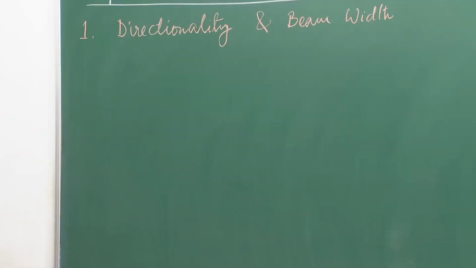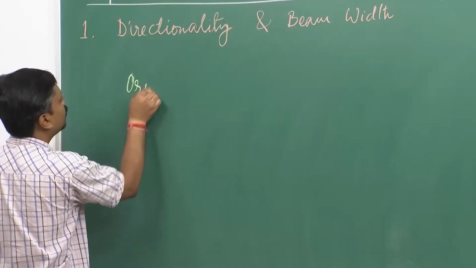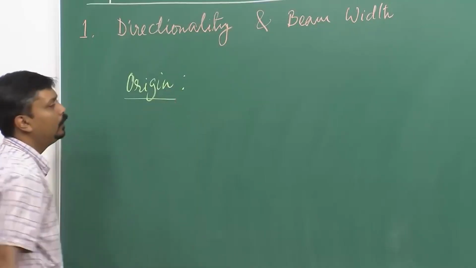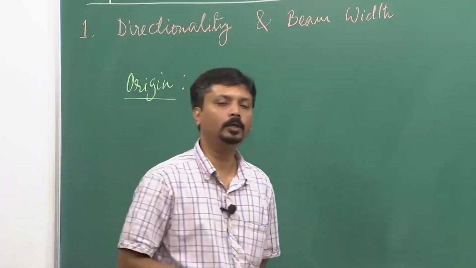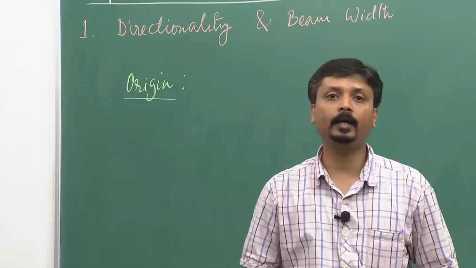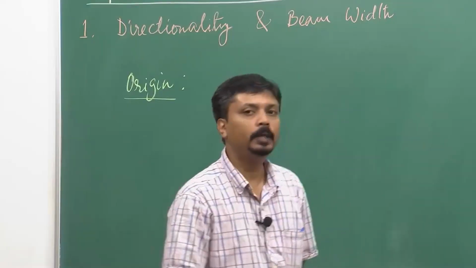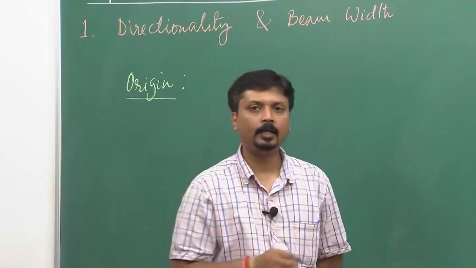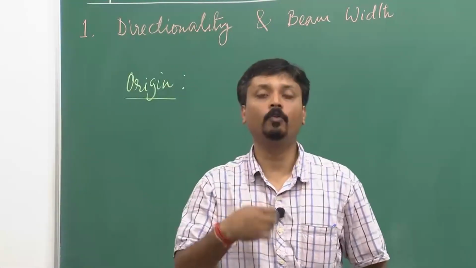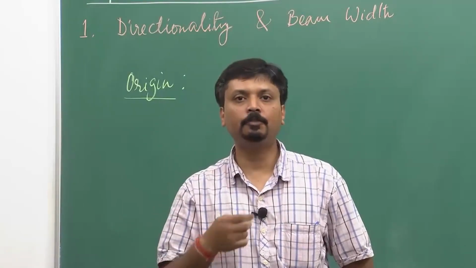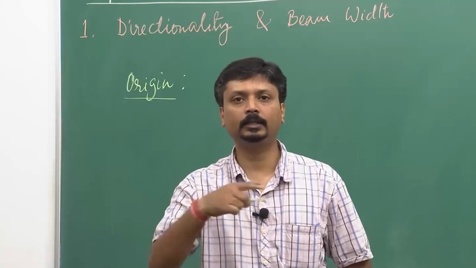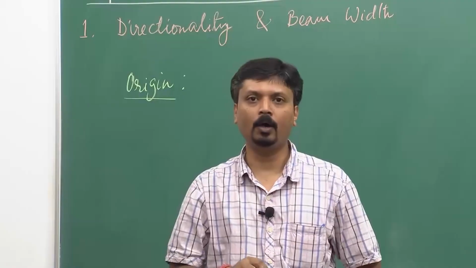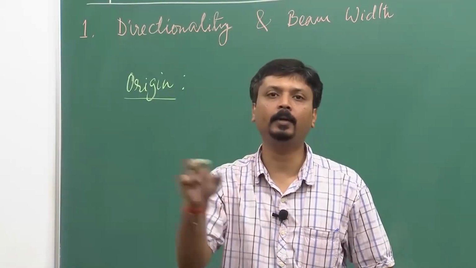I am pretty sure that by now you yourself can figure out why there is a directionality, because we are using a cavity and there is an axis of the cavity. The photons which are getting amplified must have their propagation direction along this axis, or within the range that is provided by my laser cavity.